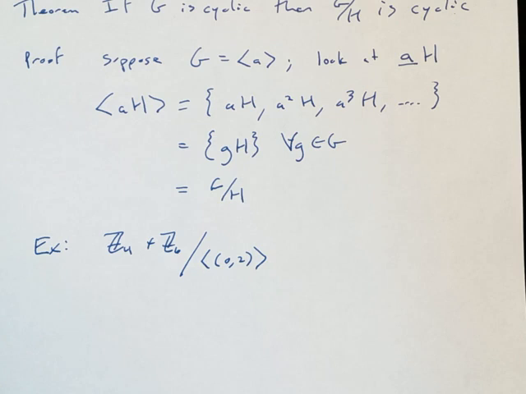So what does this look like? What does the factor group turn into? Again, I am visually driven. So I want to know, where are the fibers?